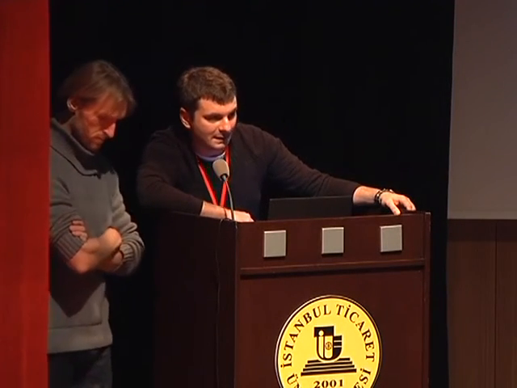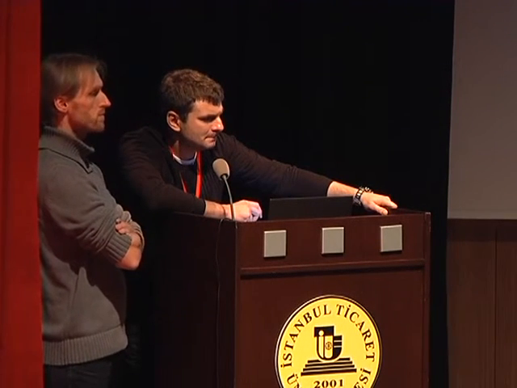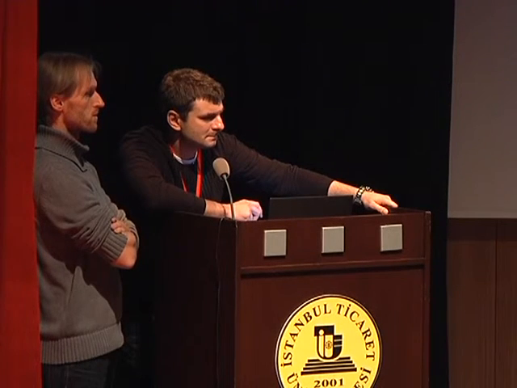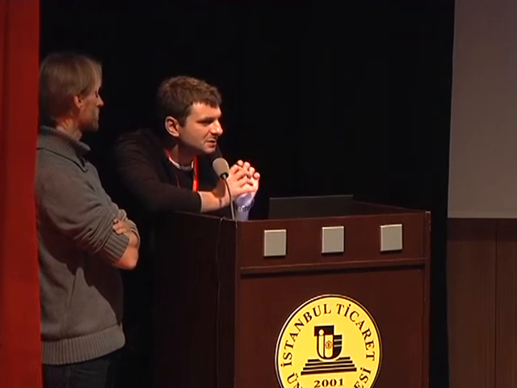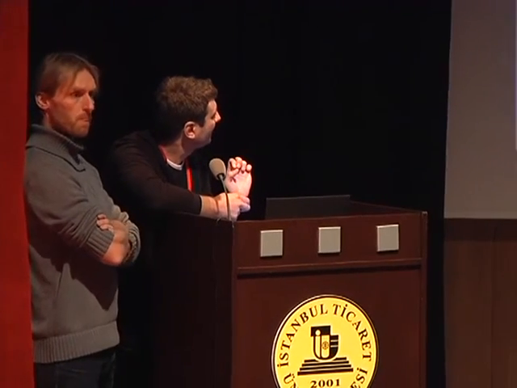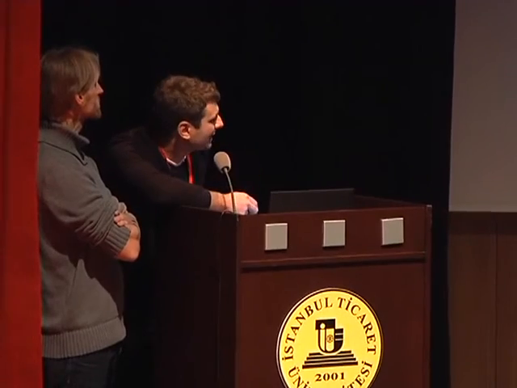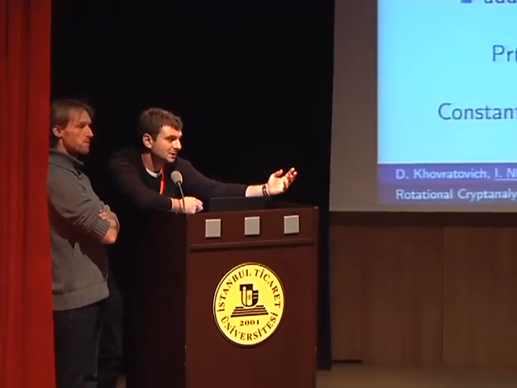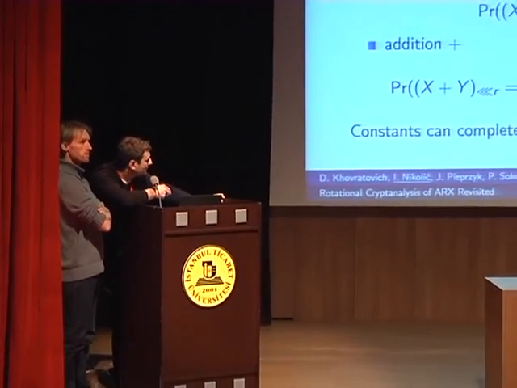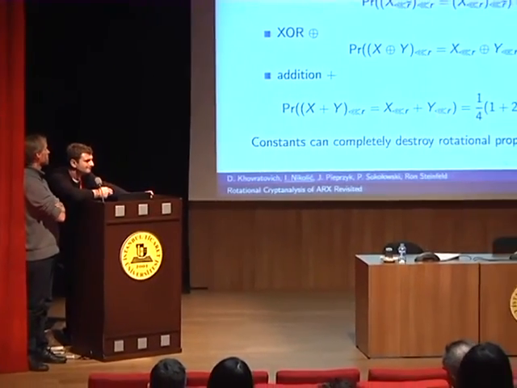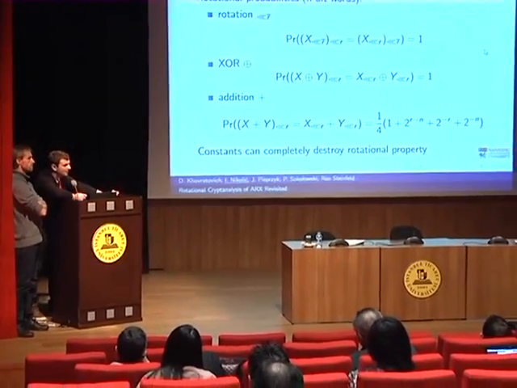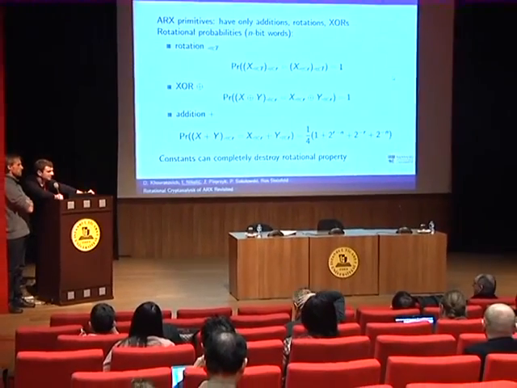Maybe another question? Oh, here you go. So the probability is always smaller? No. Yes. I mean, you have the same effect not only for rotational, but with normal differences you would have the same. The way we compute what we expect, we want this thing to happen. So if I modularly add and rotate, I get this. Maybe you're going to get a much higher probability if you don't want this to be 0, but plus some constant, some value, and because of this you're going to get a much higher rotational probability.